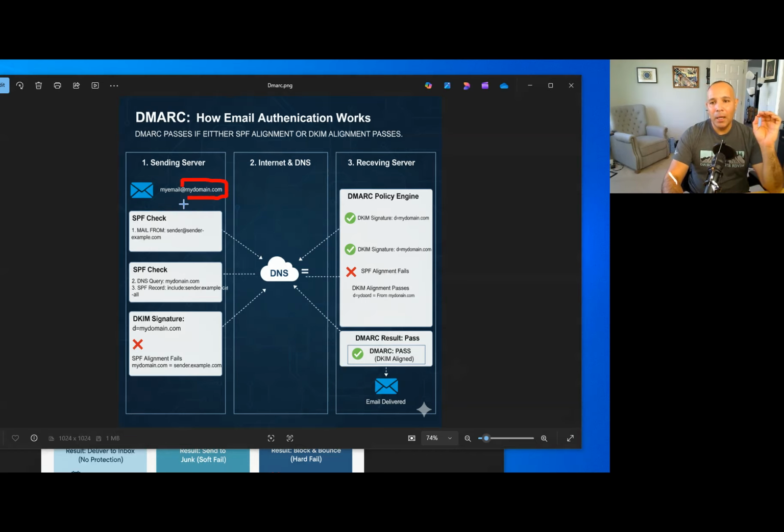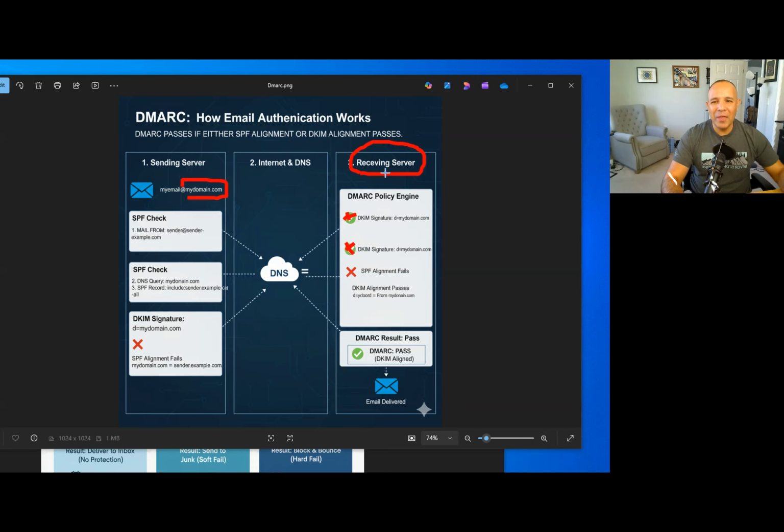And what that policy is going to say is what happens if authentication passes or if authentication fails, or what the receiving server should do with that email. Let's say, hypothetically speaking, it's not what we have in this graph, in this example, but let's say that the authentication fails, right?